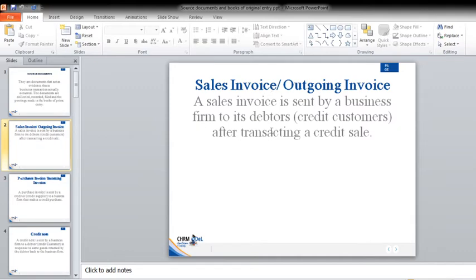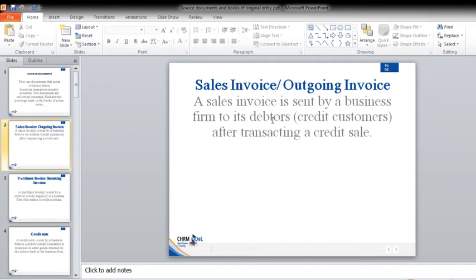Here, we are using the word debtors. Debtors are simply credit customers. Anytime a business sells goods on credit, the person to whom those goods are sold is known as a debtor. Note that a debtor is simply a credit customer.